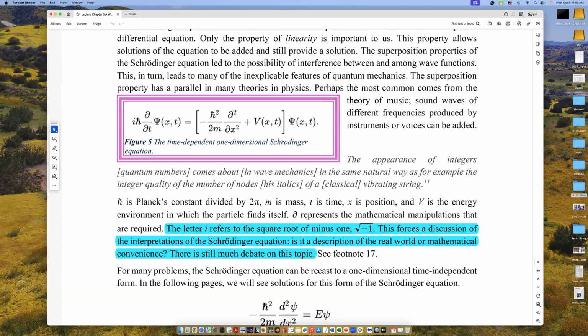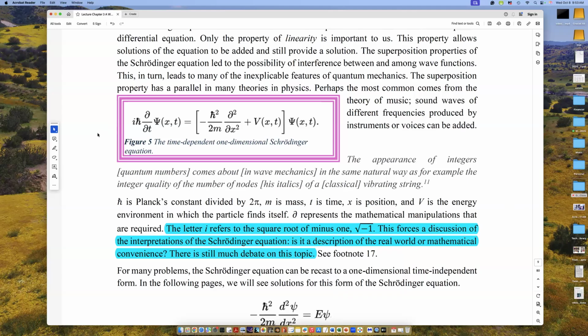And in fact, in most engineering, the square root of -1 only appears as a utility for solving problems. It's an essential part of the mathematical toolkit that scientists and engineers use. And the weird thing is that the wave function we get out of the Schrodinger equation includes this imaginary number. So how real is the wave function?